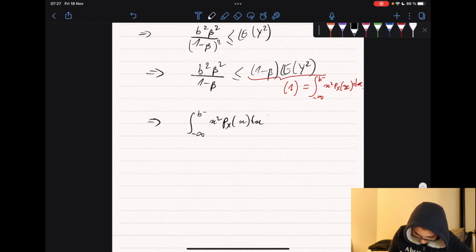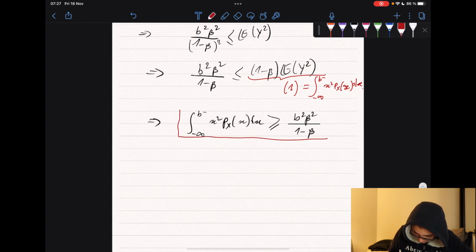It has a lower bound, which is b squared beta squared over 1 minus beta. And let's just highlight this in this way. Okay, done.